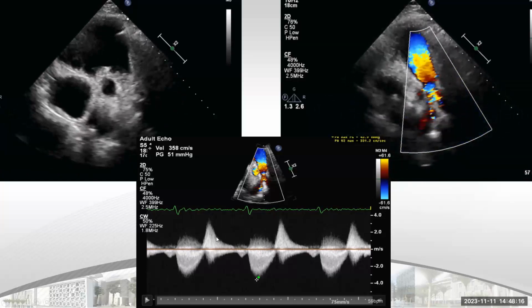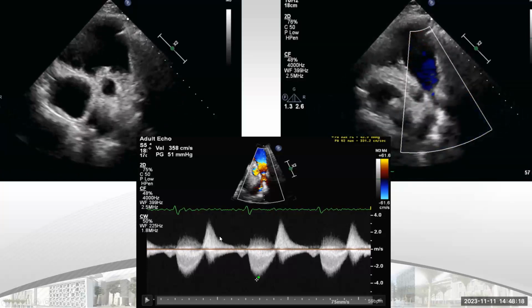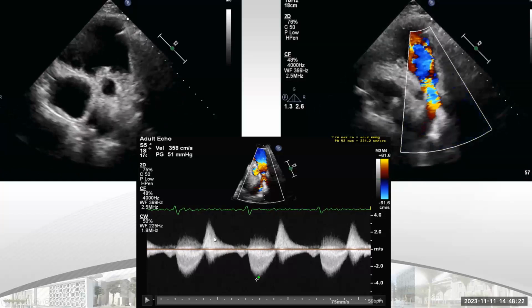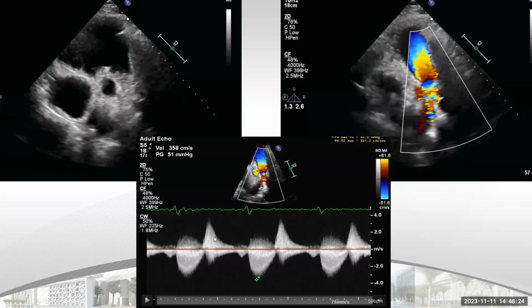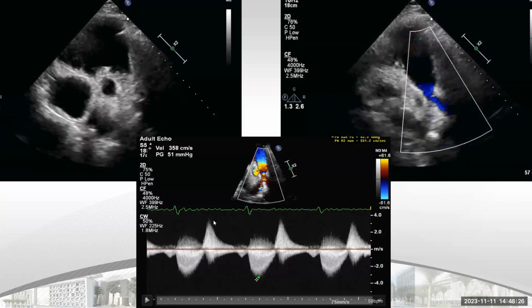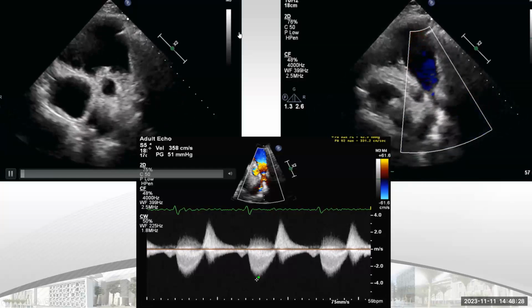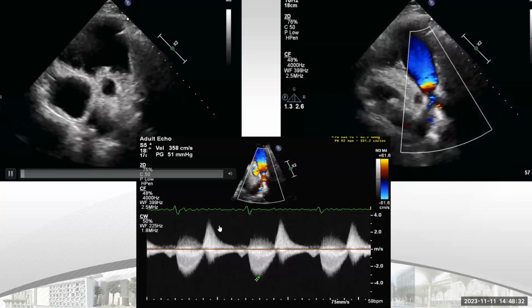It is dense and triangular, which means very steep deceleration and very short pressure half time. This indicates significant, really severe pulmonary regurgitation. Any pulmonary regurgitation with a pressure half time of 100 milliseconds or less is considered severe.